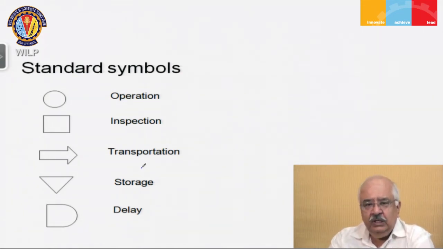That means where we store material in inventory. Whereas a D such as this we will use to denote a delay, which is where either a person or a machine or a product waits for something else to happen. The difference between a storage and a delay is that a storage is planned, a delay is not planned.